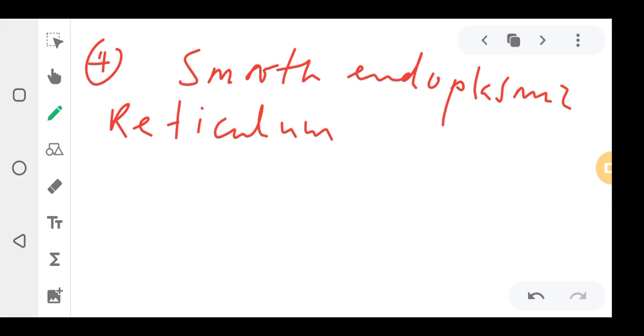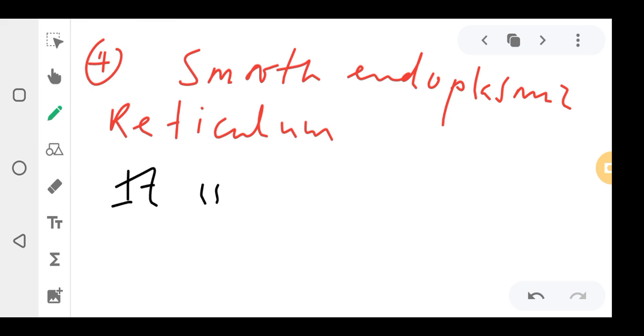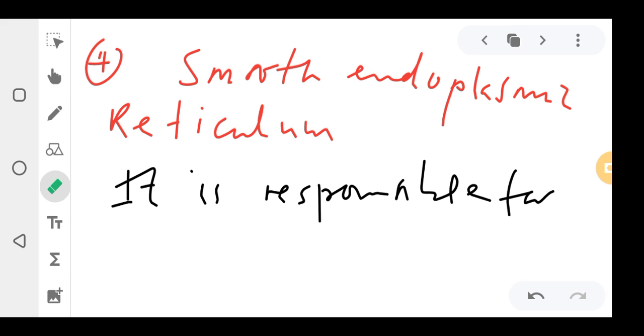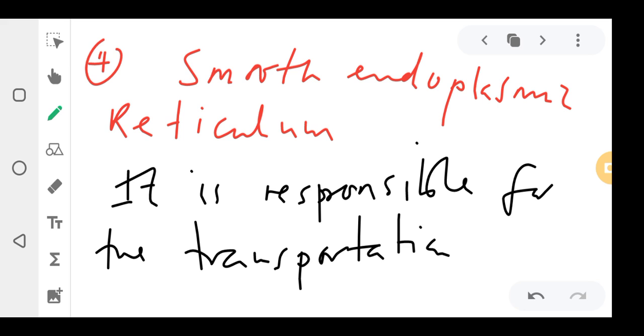is used for, it is responsible for the transportation of lipids.